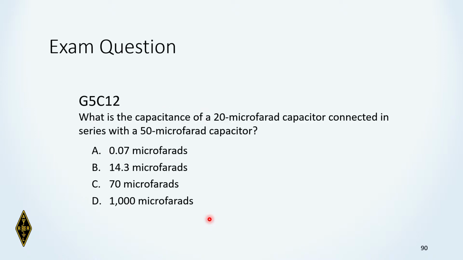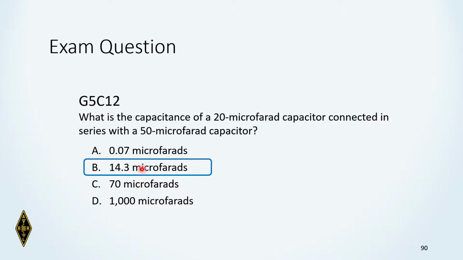Okay, capacitors. What is the capacitance of a 20 microfarad capacitor connected in series with a 50 microfarad capacitor? Charlie. Well, okay, what I said was pick a value that's less than any of them given. So it's got to be less than 20, but not radically so.